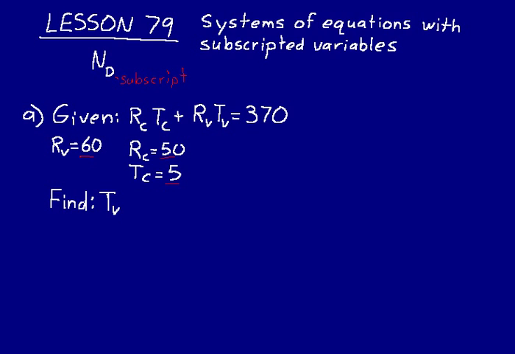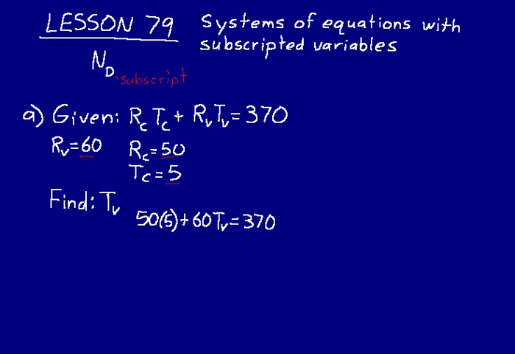Let's go ahead and do that. Let's start substituting into that big equation. RC is 50 and TC is 5, so we have 50 times 5, plus RV, which is 60, times TV, which we don't know, equals 370.